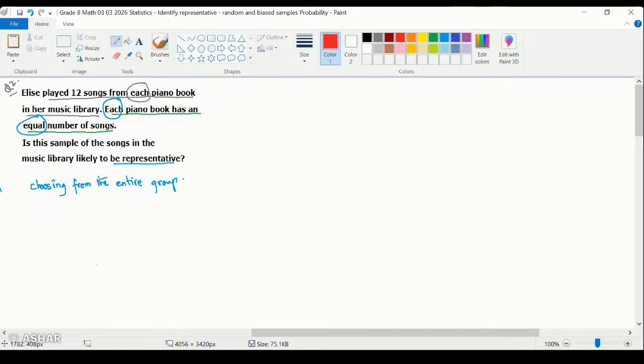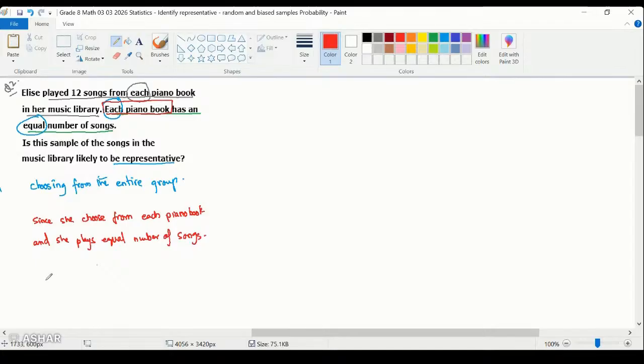That means since she chose from each piano book, she is choosing from each of the books, right? And she plays an equal number of songs.